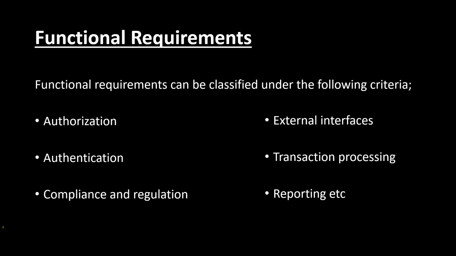And most times, before external interface communication would occur, the user will first need to approve, or should I say authorize, that communication to go ahead. So external interfaces or third-party integrations are things we cover in functional requirements.